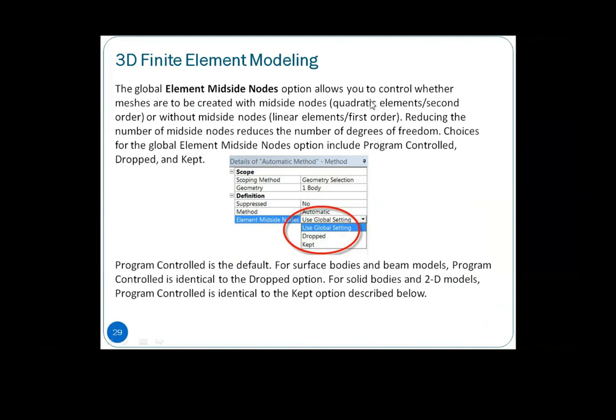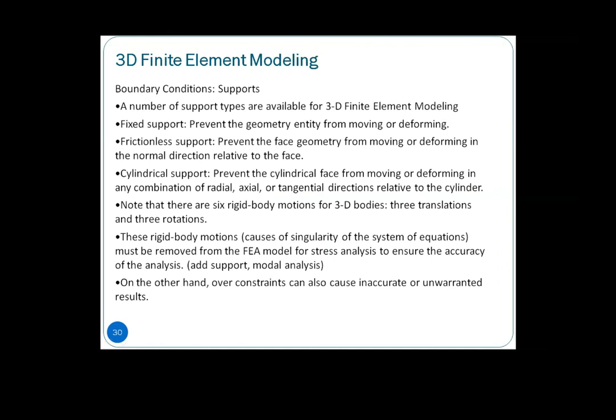All right. Again, the element mid-side node is like what you have seen, but now you will use linear or quadratic. Then under boundary conditions, we have different types of supports that you can relate to the actual physical behavior. Fixed support is the most common one that we use. It prevents the geometry entity or the face that we select from moving or deforming.